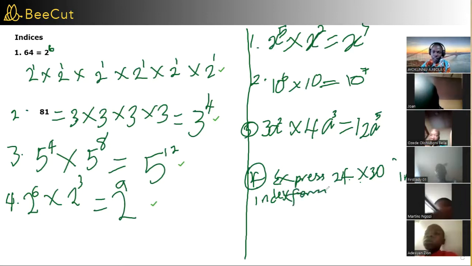That is, if you write it in indices. So, let's look at this. This is 24, and this is 30.